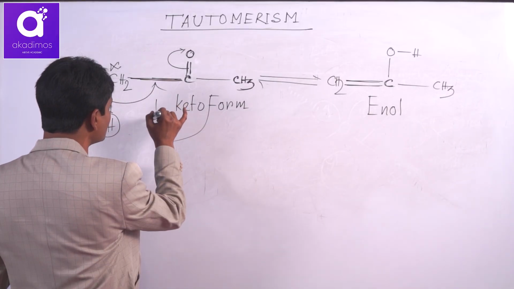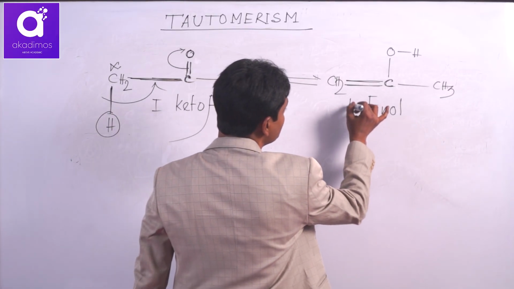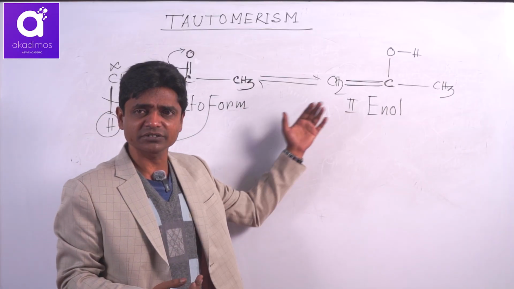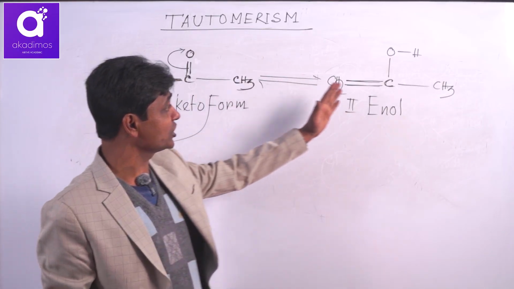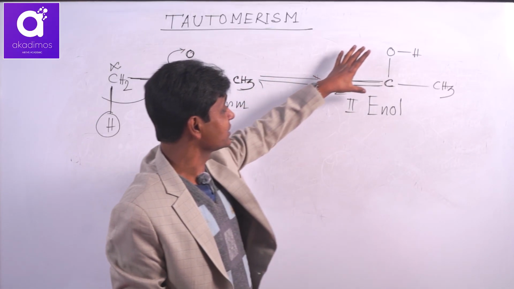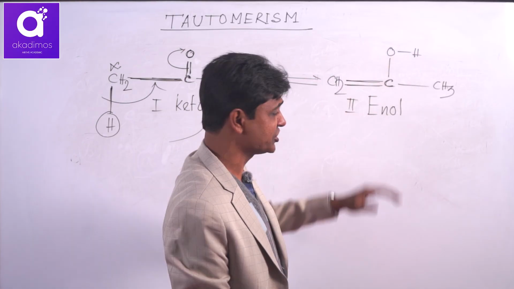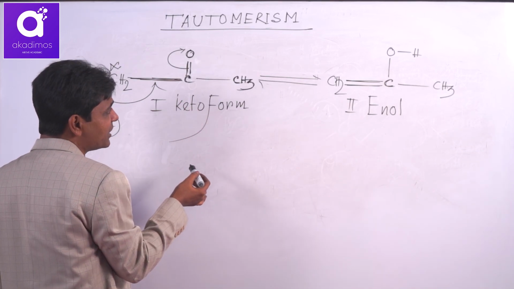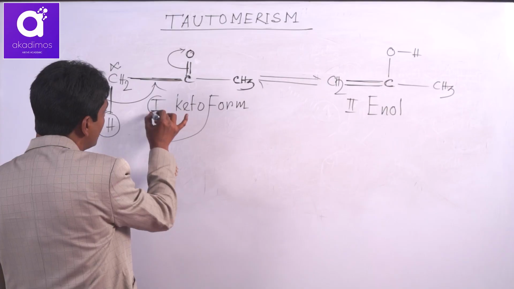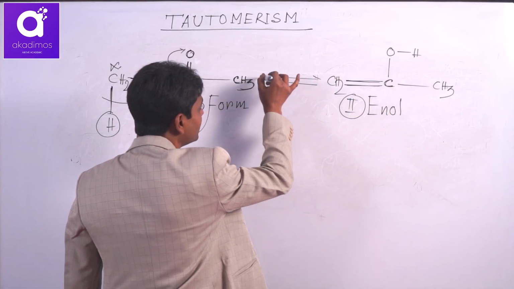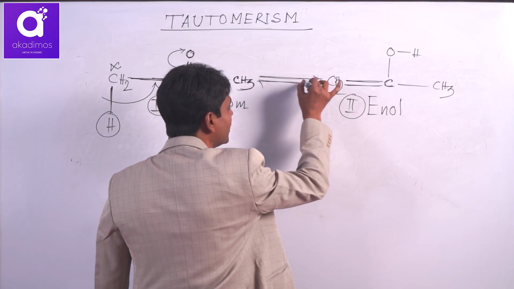And these two forms, their structures are different. These are structural isomers. You can say these are functional isomers, since the functional group of one is C double bond O, and here the functional group is alcohol OH. But this is not like other isomers. I told you, this keto form and this enol form remain in equilibrium.